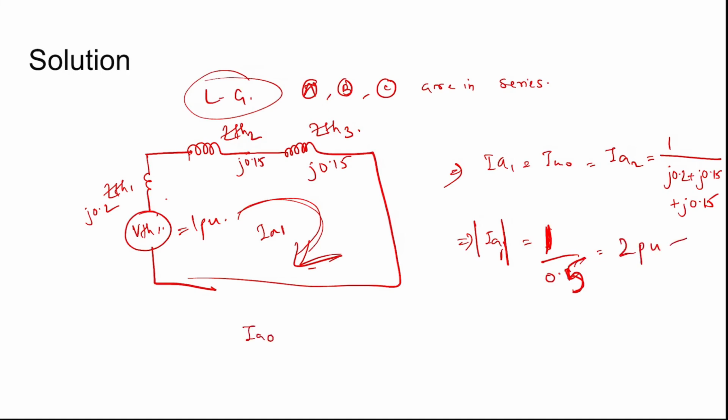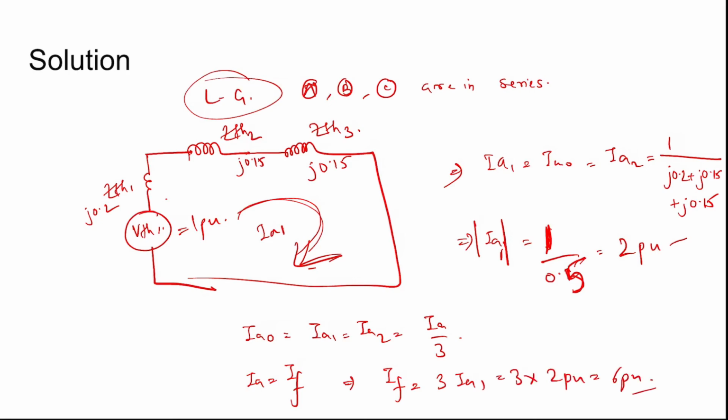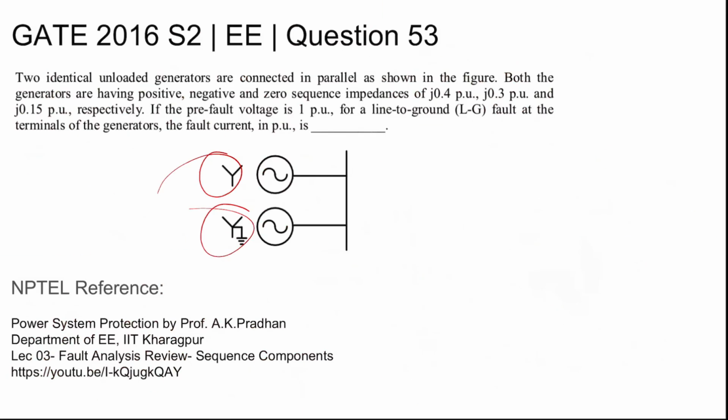Now we know IA0 equals IA1 equals IA2 equals IA by 3. IA is the fault current, so the fault current comes out to be 3 times IA1, which is 3 times 2 per unit, which is 6 per unit. So the answer is 6 per unit.